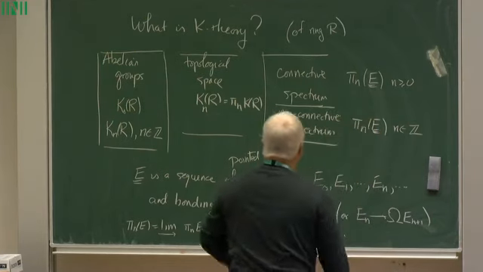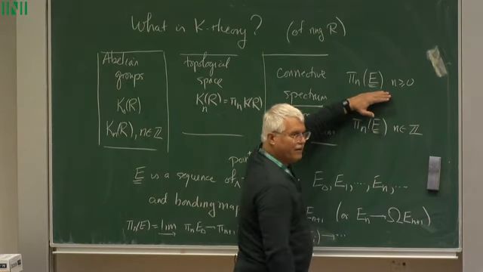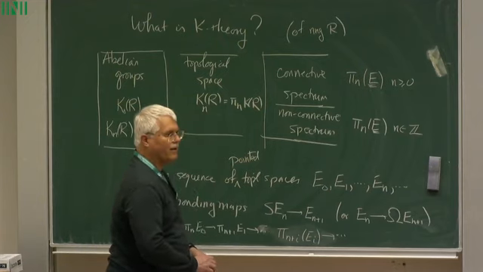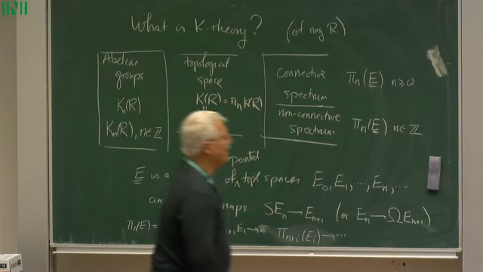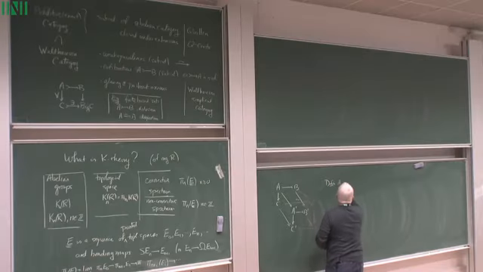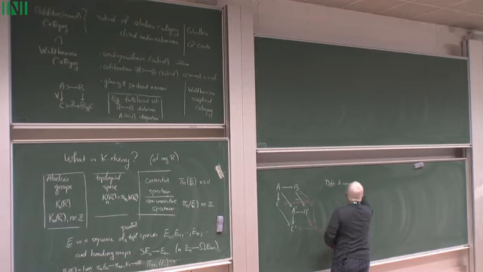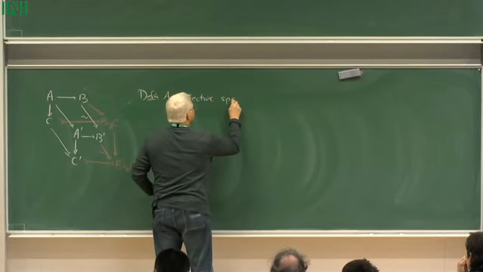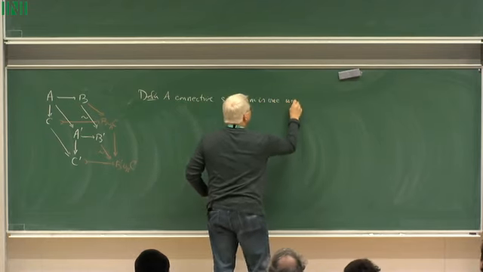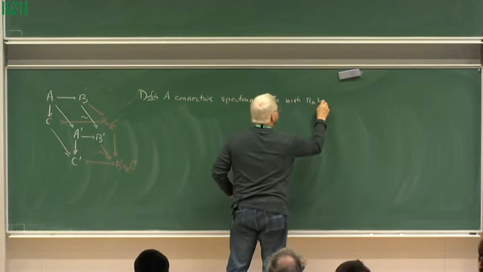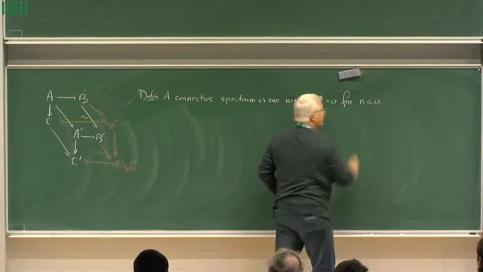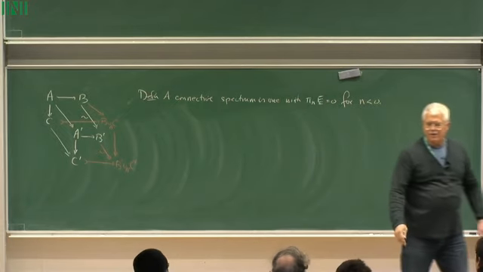Oh yes, connective spectrum is a spectrum with this property. No, that's not the property. You just said we will only look at the positive ones, you didn't say the negative ones are 0. Okay, so I thought that was what I had said.